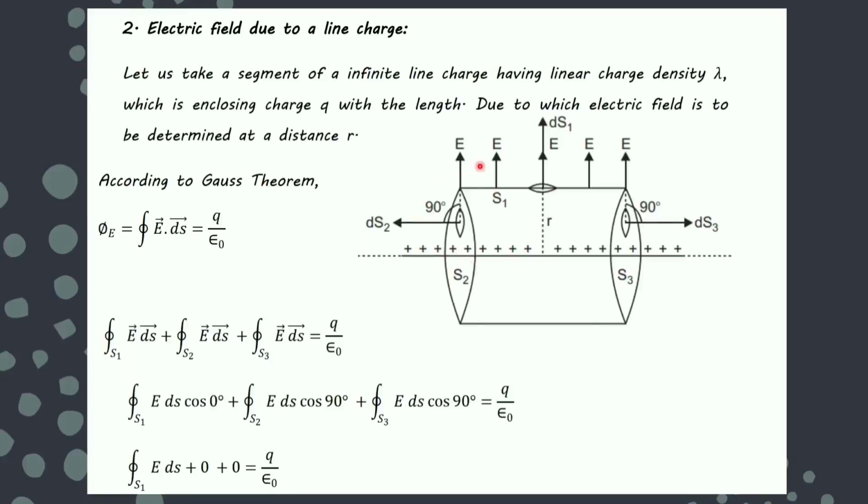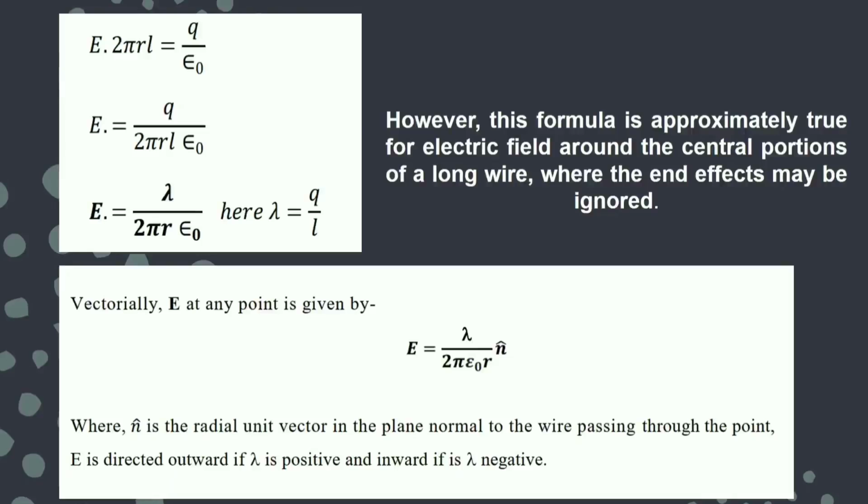Then you can write the integral of dS, which is equal to 2 pi r L, and this is equal to q upon epsilon naught.